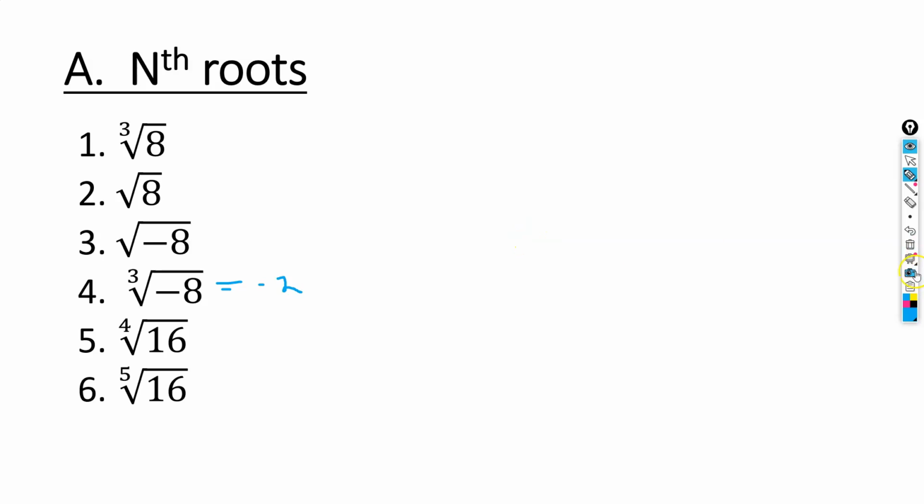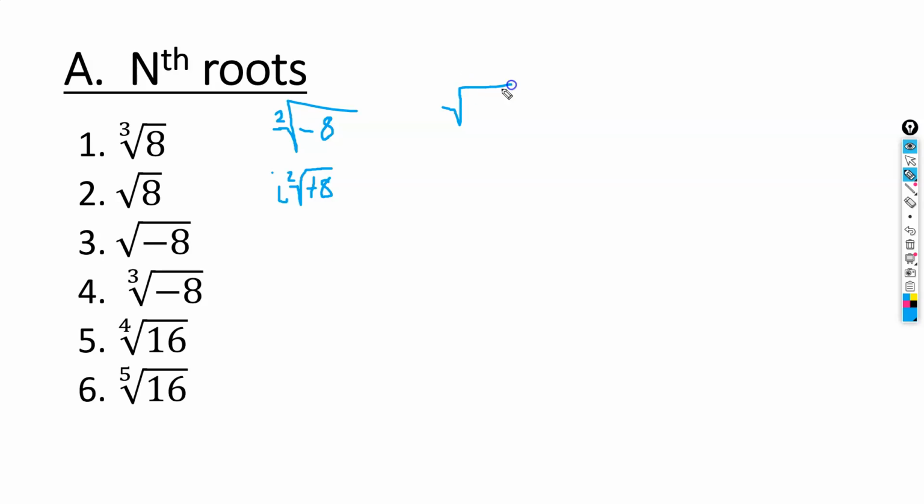So the answer is negative 2. So let's compare and contrast these two things. Whenever you have an even number here, like 2, and a negative on the inside, what you're going to do is cross the negative off of the inside, and you're going to put an i on the outside.